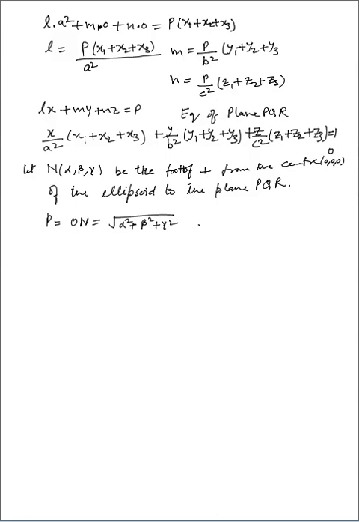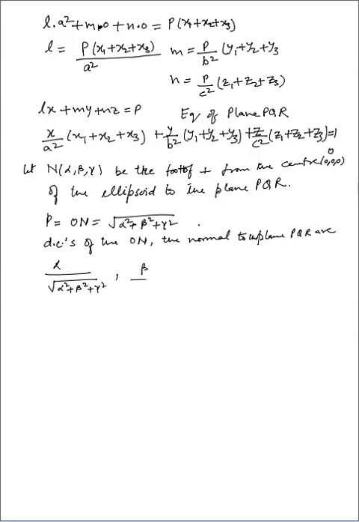Now the DCs of ON, the normal to the plane PQR, are alpha upon under root alpha square plus beta square plus gamma square, and beta upon under root alpha square plus beta square plus gamma square, and gamma upon under root alpha square plus beta square plus gamma square.